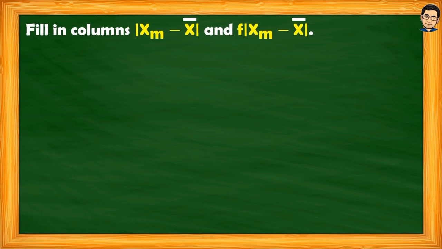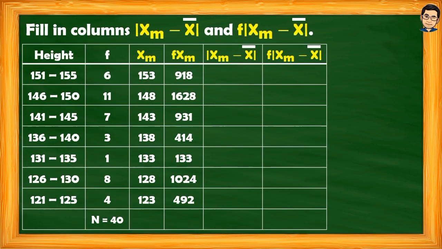Now, fill in the columns. So, yung natitira nating dalawang column, kailangan i-fill out natin yan. So, yung nakuha nating mean kanina is 138.5. Okay, so yung nakuha nating class mark, tsaka yung nakuha nating mean, ipagsusubtract natin yan.